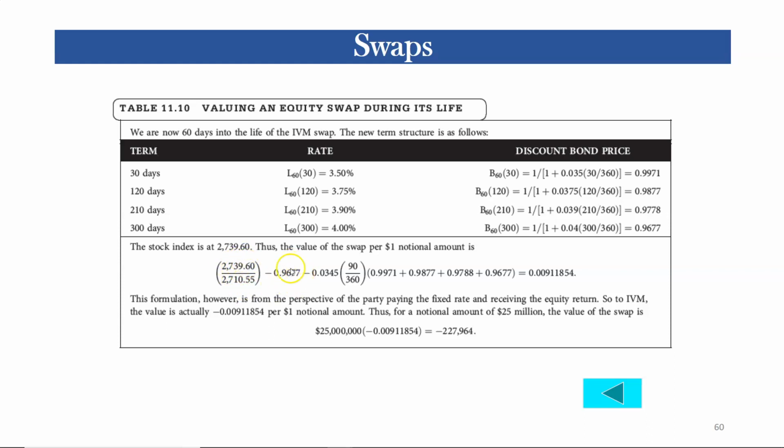The value of the fixed rate bond or loan is equal to the present value of the face value of $1, which in this case is 0.9677. That is the zero coupon value for the bond maturing in 300 days. And then we have a fixed interest payment of 3.45% every 90 days, 30 days from now, 120 days from now, 210 days from now, and 300 days from now.